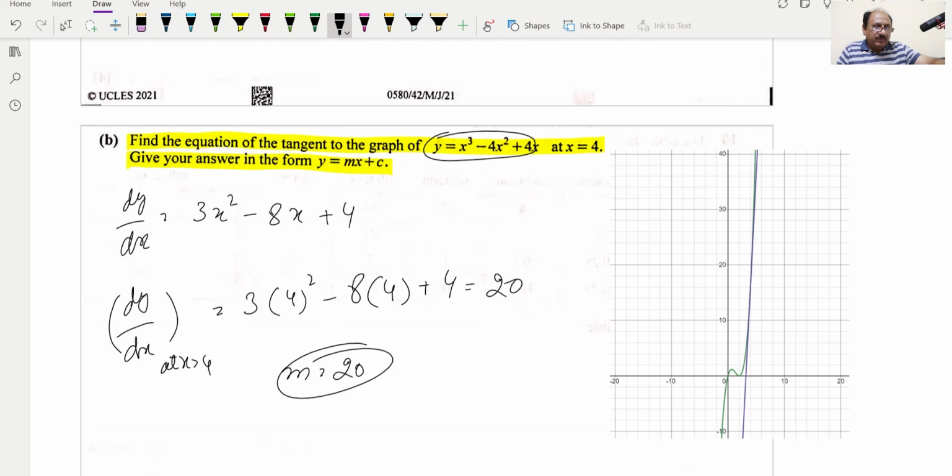Now we can find the point at x is equal to 4. The y value will be equal to what?